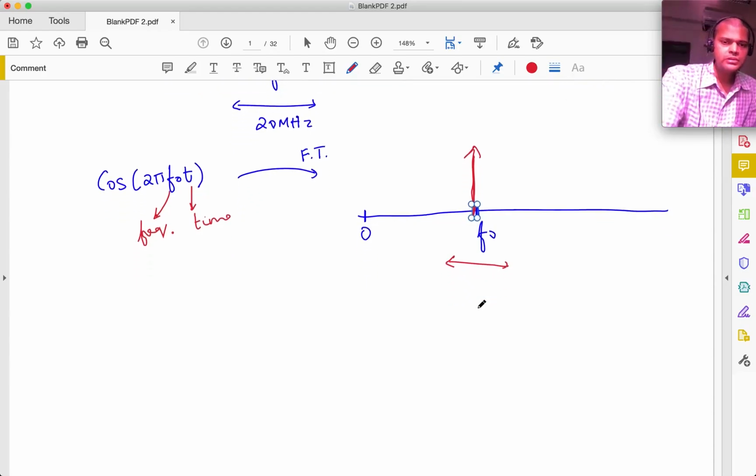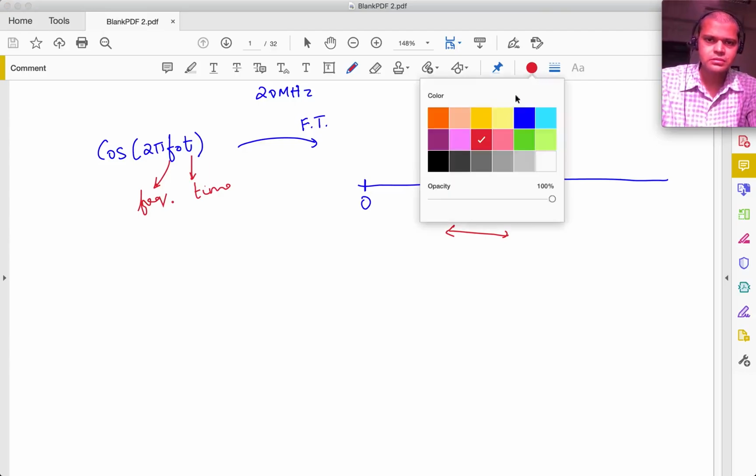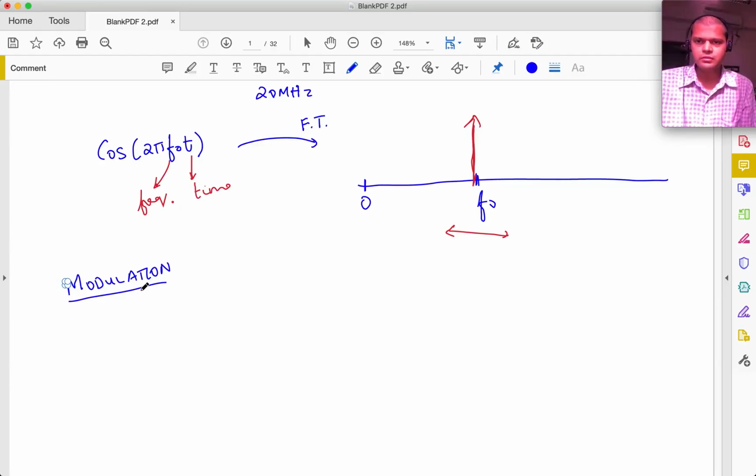So what he has to do is modify this signal in some way, and that is where the term modulation comes in. So we have to change this signal in some way to convey whether it's a bit 0 or a 1. Okay.